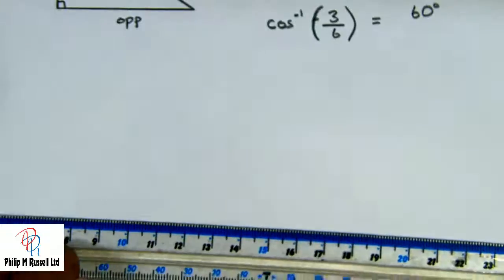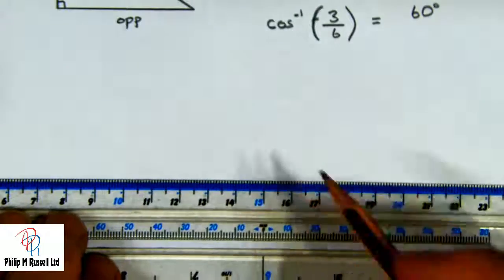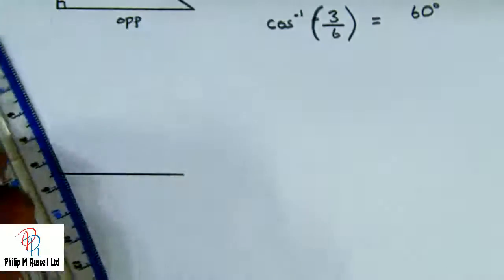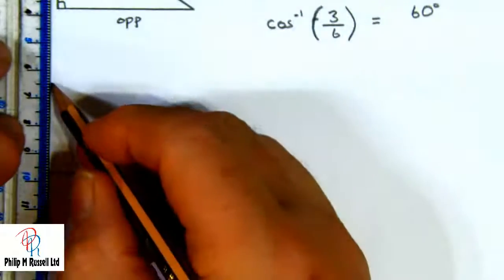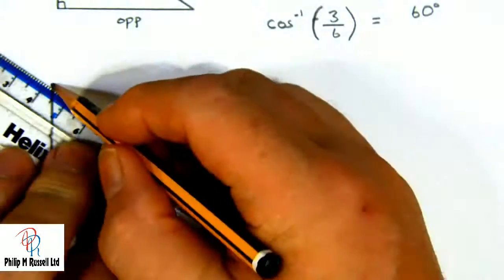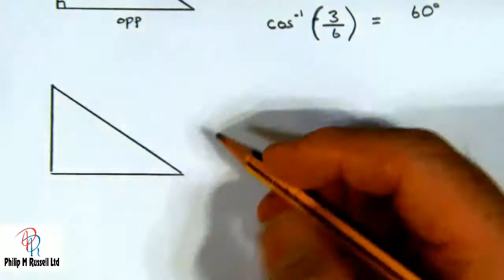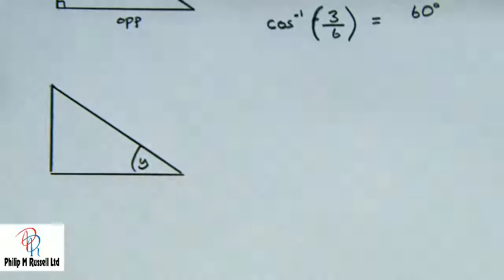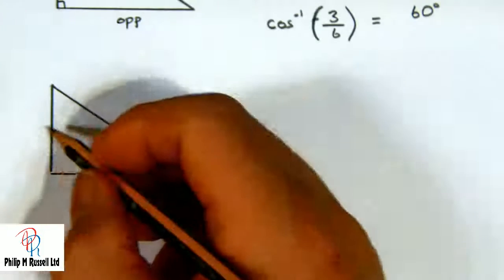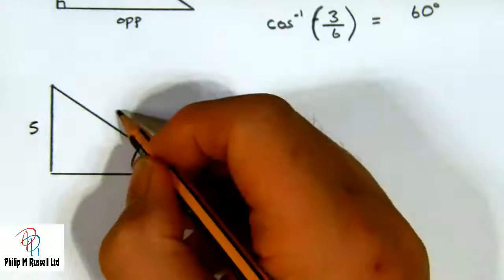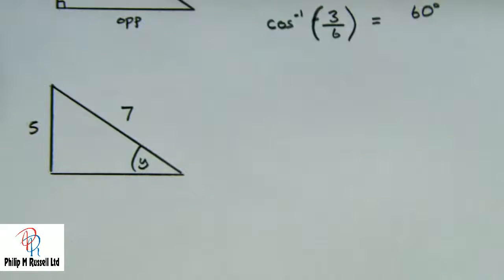Let's try yet another sum. And we'll have, first of all, our triangle. I want to find my angle. Let's have y for a change. And I've got, this time, 5 and 7.